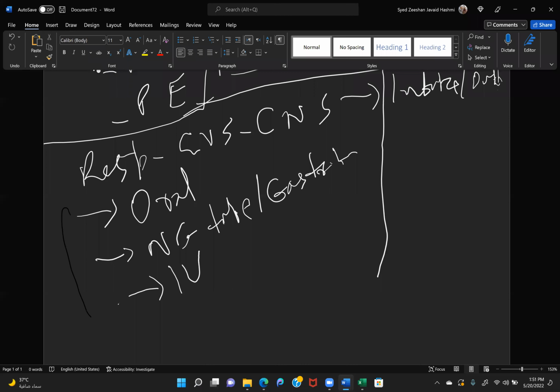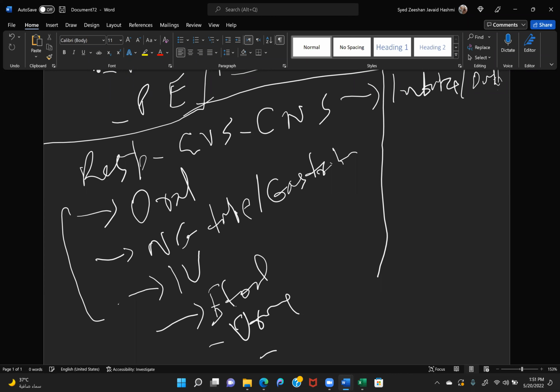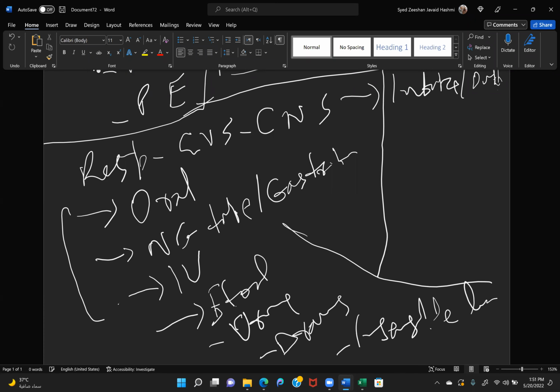So these two routes, and output will be in the form of, of course, stool, urine, and other sources like any drains, and insensible loss. Yes, I told about the NG tube, but I might have missed drains. Yes, any drains. Okay, so you will be evaluating on these bases.